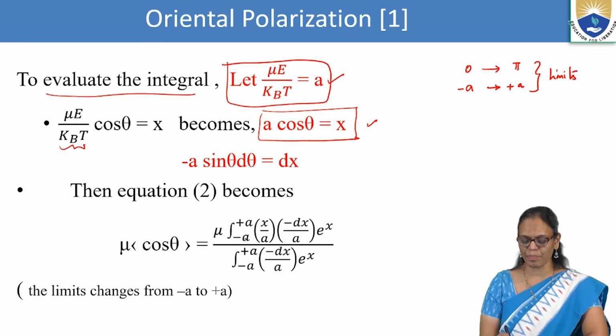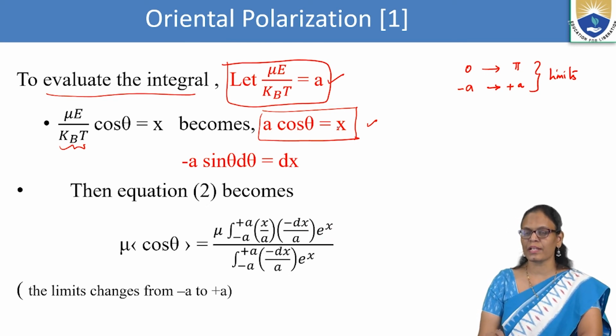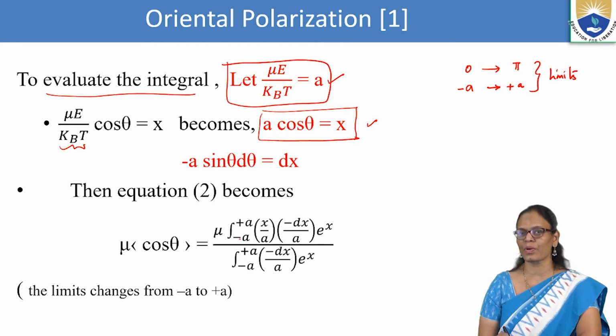So minus a to plus a, x upon a into minus dx by a, because we have a sin theta, into e power x. What is x here? x is a cos theta, and a cos theta is μE by kBT into cos theta. So we have substituted everything in equation 2.